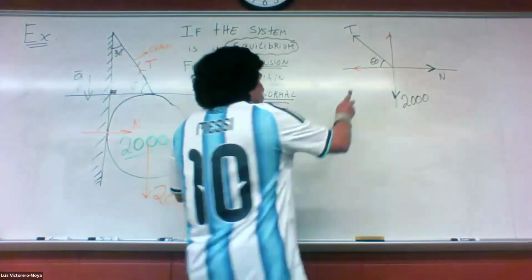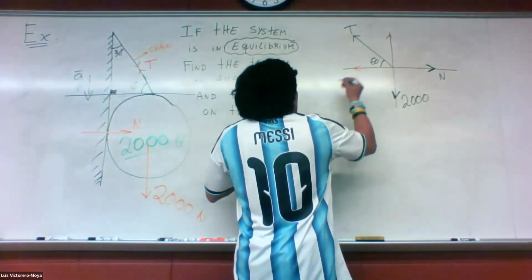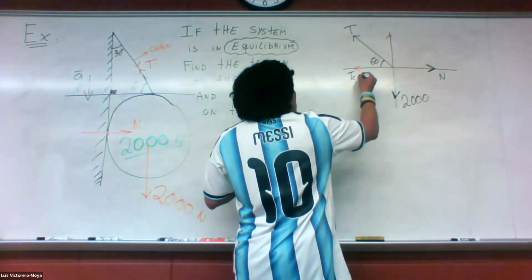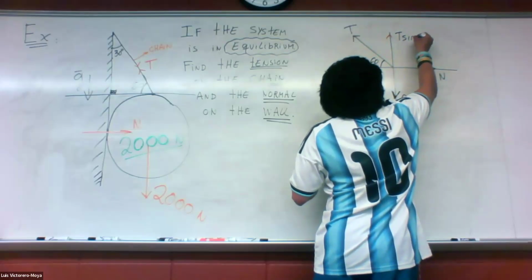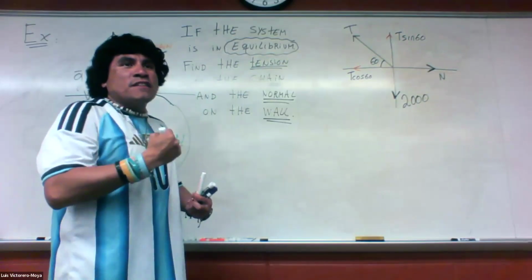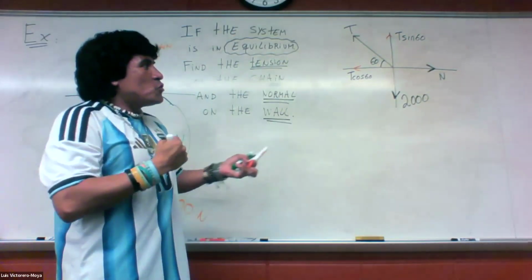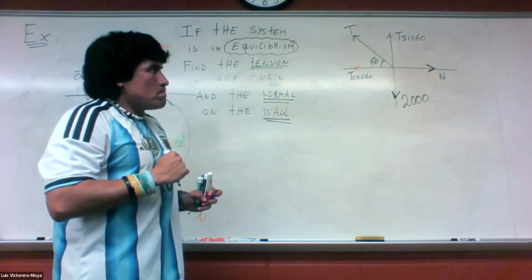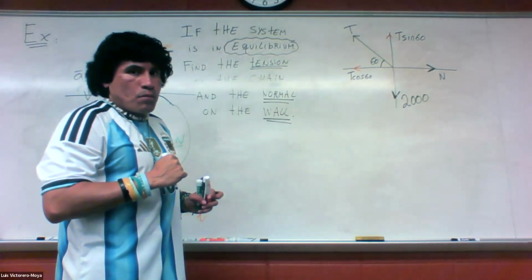Okay. And what about the vertical? T sine 60. Okay. Now, based on the example we did before, it's in equilibrium. Which forces are in equilibrium? What equations do you write?